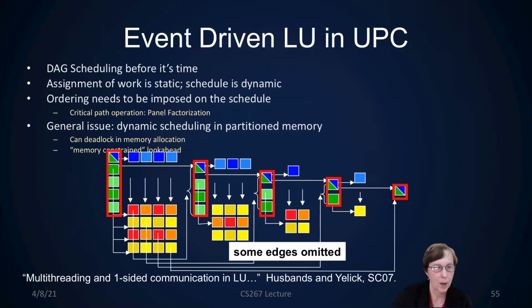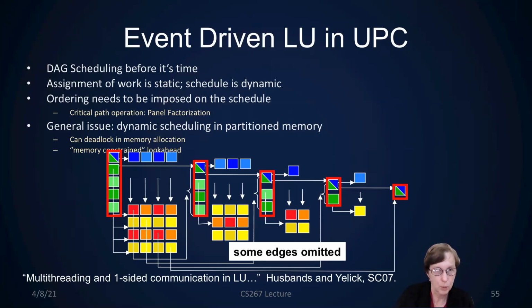But the other thing I wanted to note here is that you can end up with problems we call memory deadlock, where if you're trying to overlap the communication and computation, and so you allocate memory for tasks that aren't yet ready to execute so that you can make space for the incoming blocks, you can then run out of memory for the blocks that are on the critical path that may then be dependencies of the task that you're waiting on.